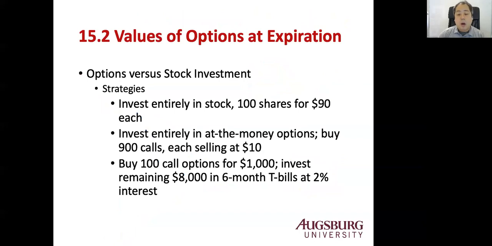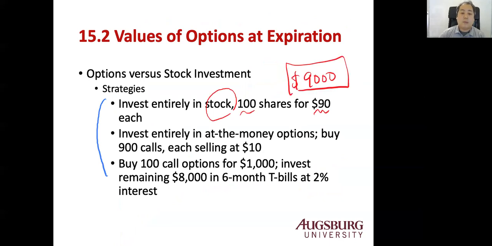So we compare option investment with stock investment. Let's compare these three strategies. Say you invest entirely in stock, 100 shares at $90. So you invest $9,000, right? That's your total investment. For the second, take an at-the-money call option, where the exercise price is the same as the stock price, 90.